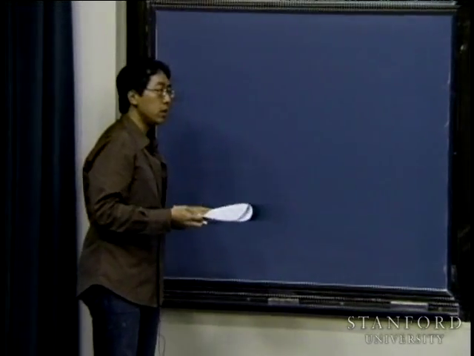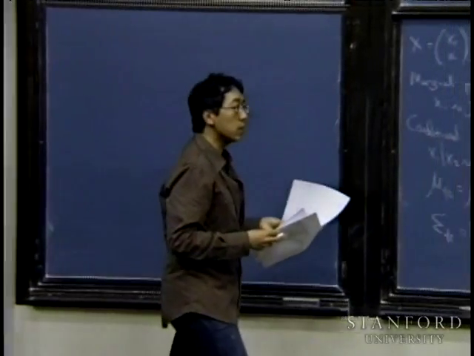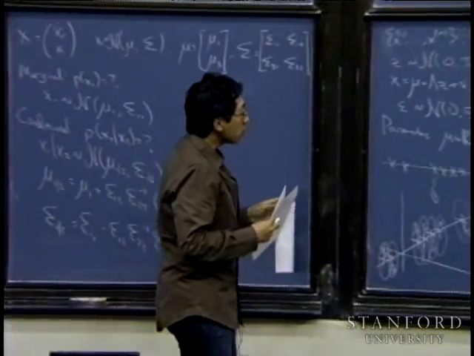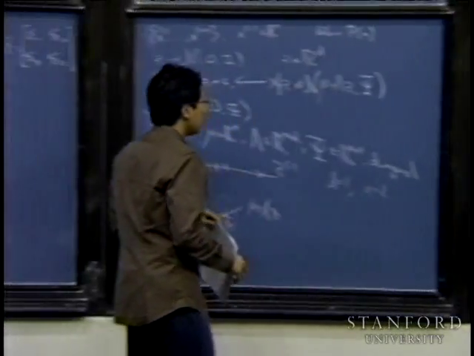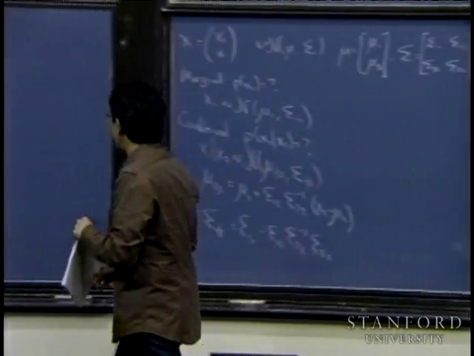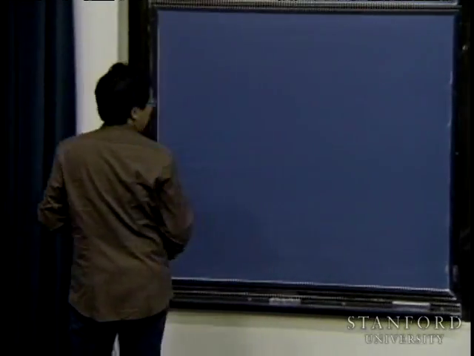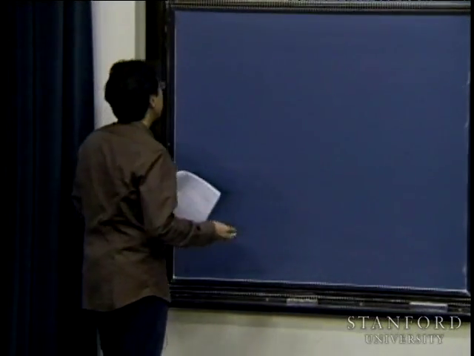Why is the log likelihood p of x and not p of x given z, or p of x and z or something? Oh, right. Okay. So the question is, why is the likelihood p of x and not p of x given z or p of x and z?